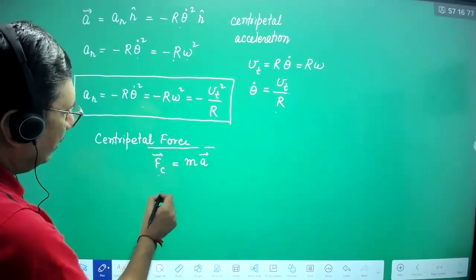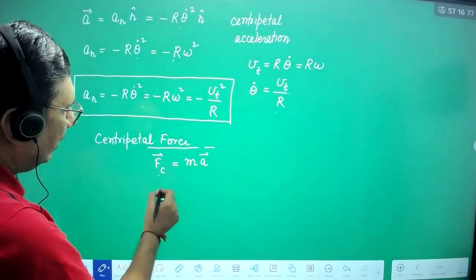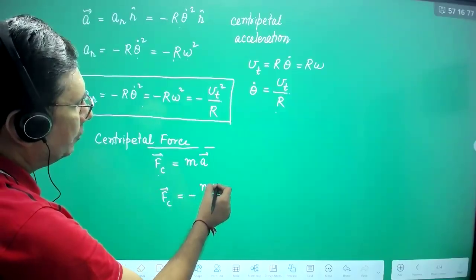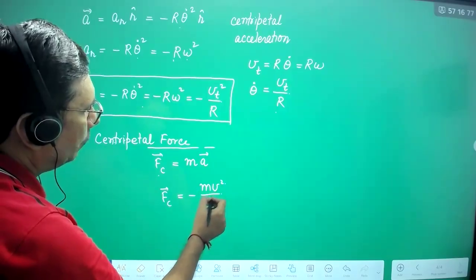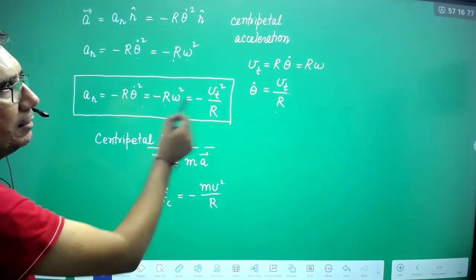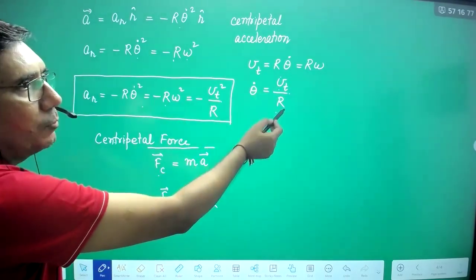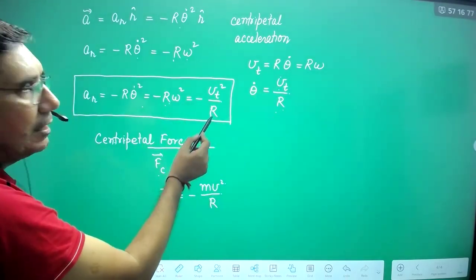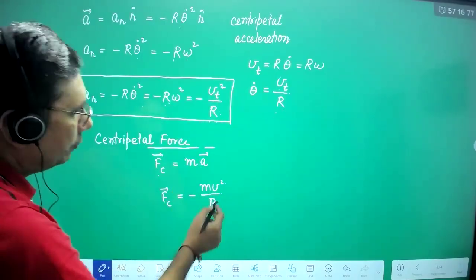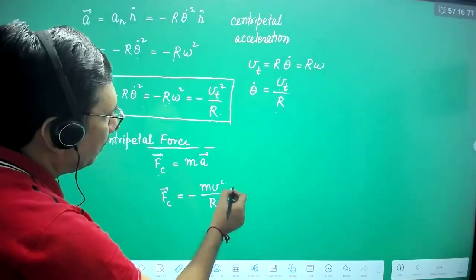So Fc will be equal to minus mV square upon R. If you substitute Vt square upon r square, one R will cancel out, so in the denominator you will have only one R. This will be in the R cap direction.